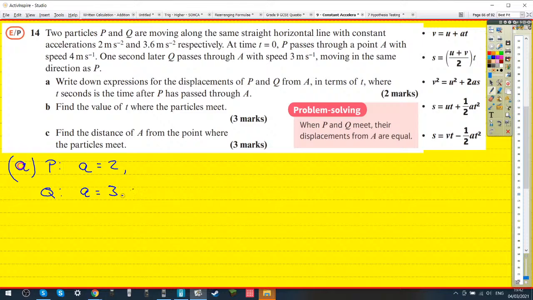Speed is not velocity? It's not, but it might as well be. Okay, so you say initial velocity of P is 4. So U is 4. And then the initial velocity of Q is 3. So this one is 3.